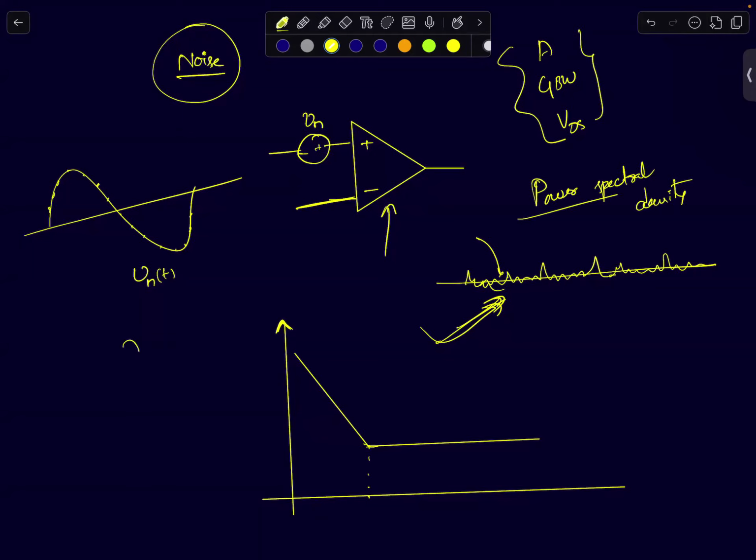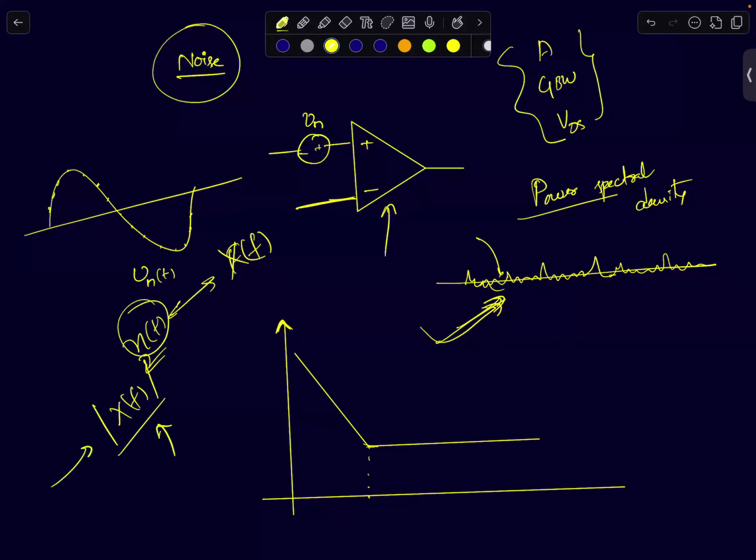If you take some signal x of t and compute its Fourier transform, that becomes capital X of f. Then plot the mod of capital X of f, the whole square. If x of t happens to be a power signal, then this mod X of f the whole square will be the power spectral density. It's a distribution of power over frequency.